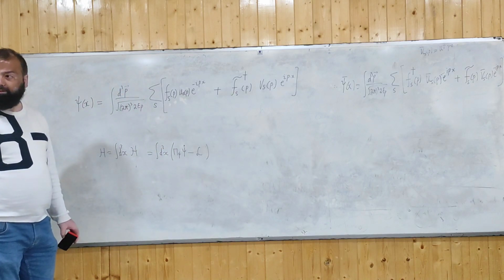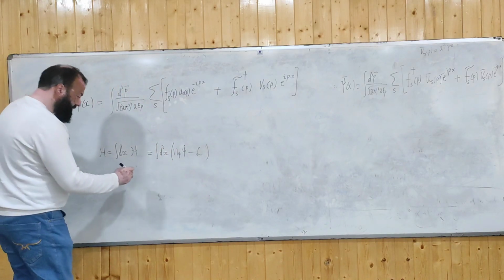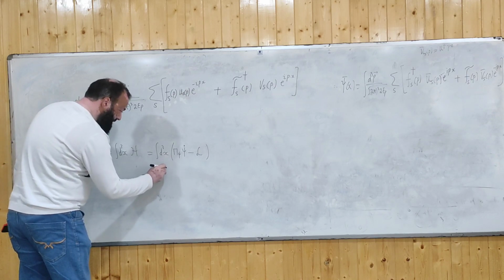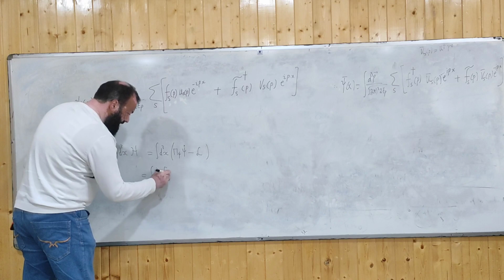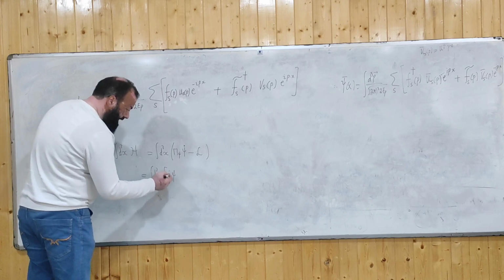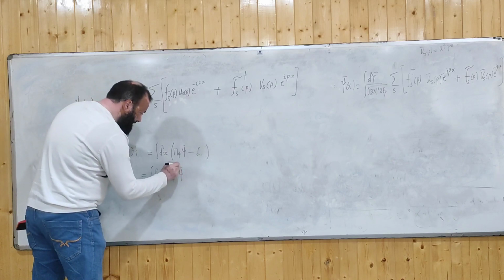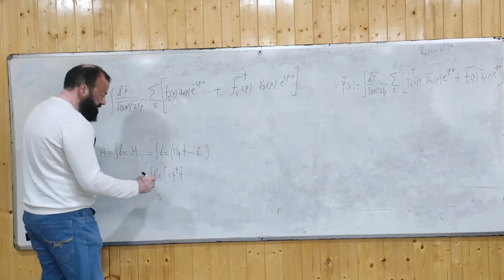Clear? What is pi psi? It is i psi dagger probably. Clear? Then you have this psi dagger psi dot minus L.